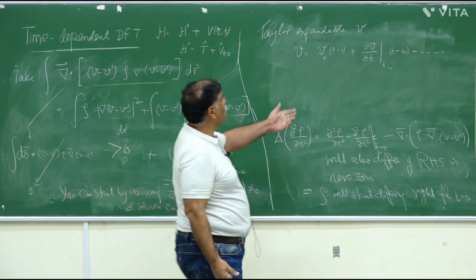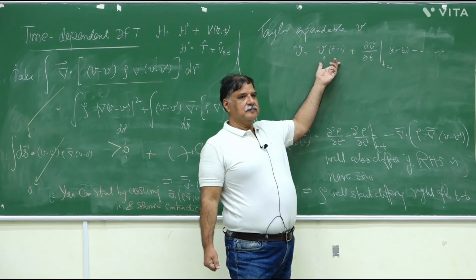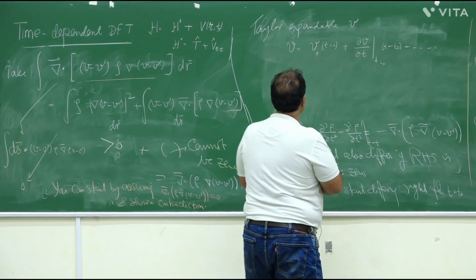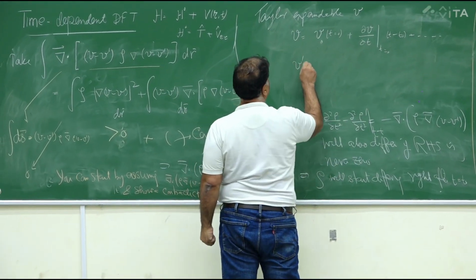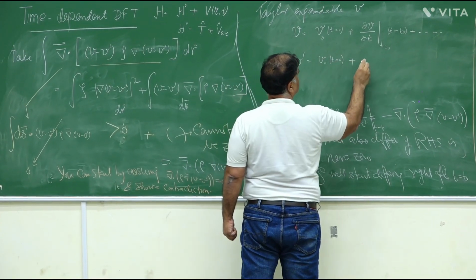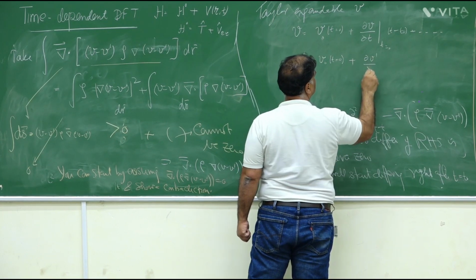Now suppose the first part is equal in the two potentials, V and V prime, and the next part is different.